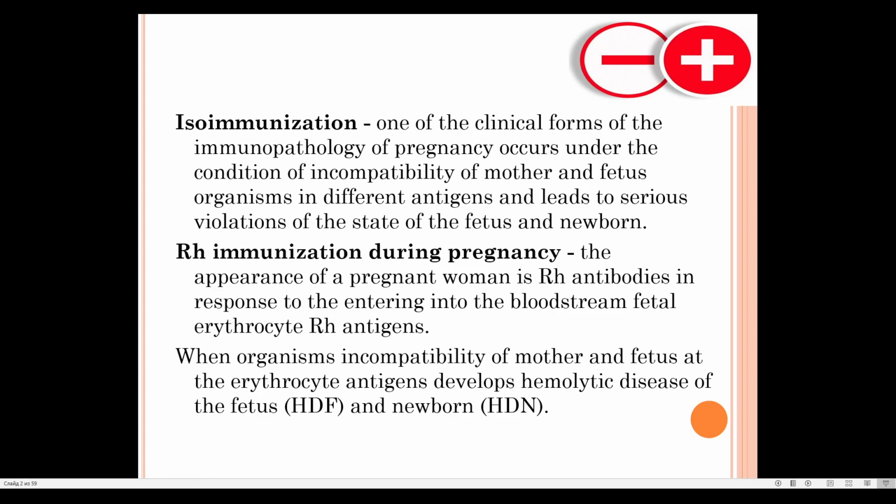Rhesus immunization during pregnancy is the appearance of Rh antibodies in a pregnant woman in response to fetal erythrocyte rhesus antigens entering the bloodstream. When there is incompatibility of mother and fetus at the erythrocyte antigens, hemolytic disease of the fetus, shortly HDF, and of the newborn infant, shortly HDN, develops.